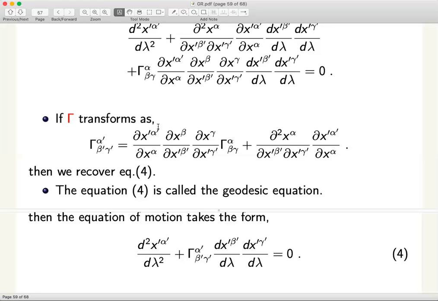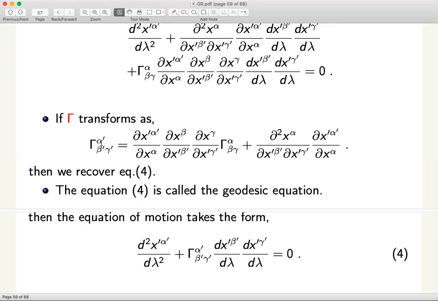Alpha prime is upstairs, beta prime and gamma prime are downstairs. Similarly here, alpha is upstairs, and that's why it contracts correctly, and beta and gamma contract correctly. But in addition to that, you have this piece sitting here, and this is nothing like any tensor would transform. So this is the first time we are seeing an object which has multiple space-time indices but is not a tensor. So this gamma is called a non-tensor.